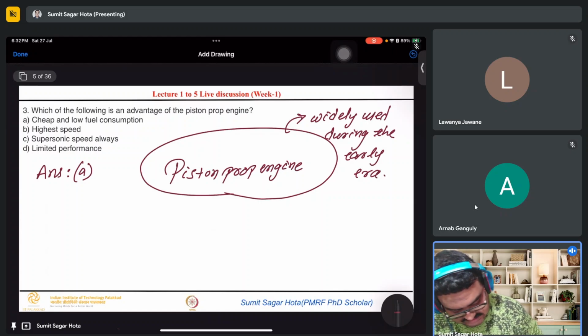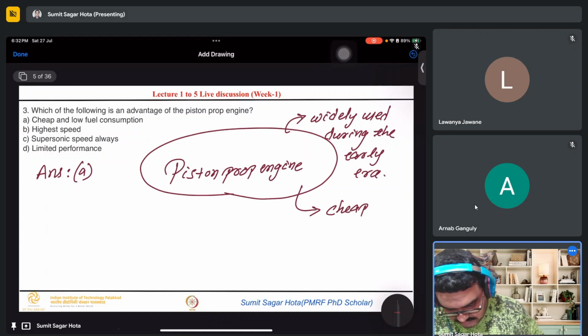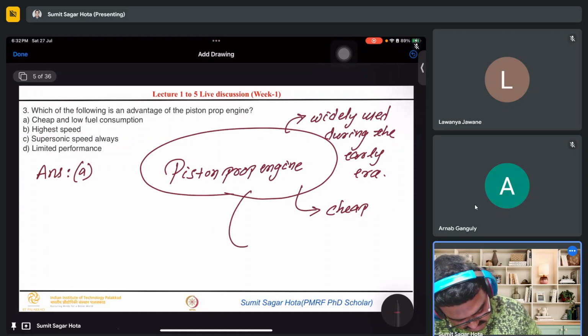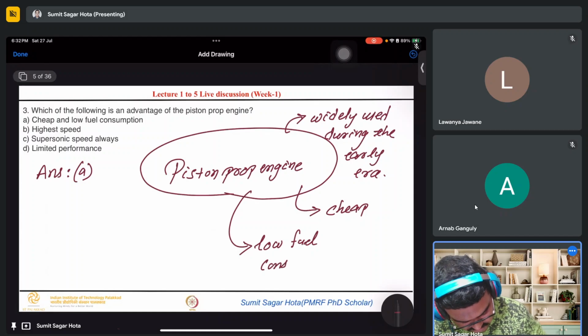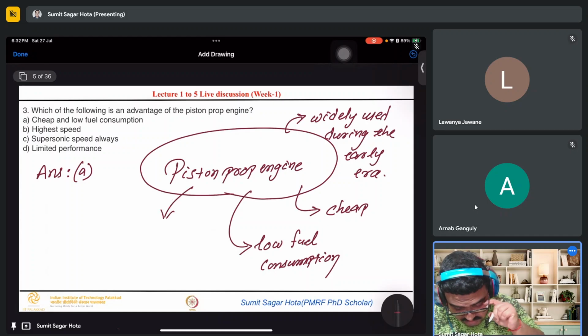This is obviously a cheap one, but not very effective. It also has low fuel consumption. So everything is good, then why did we stop using it?